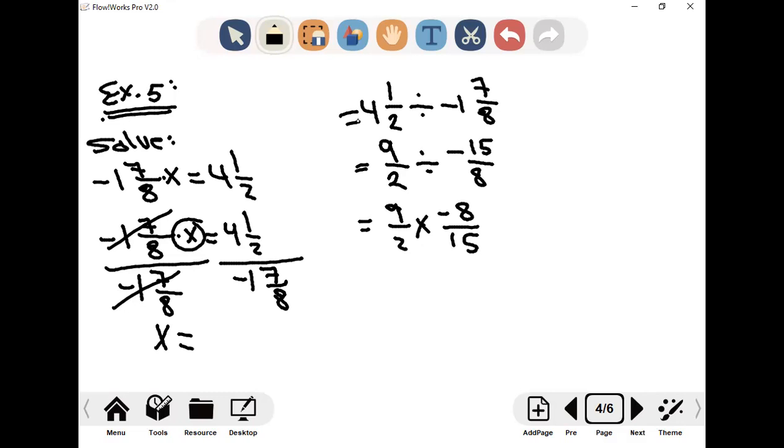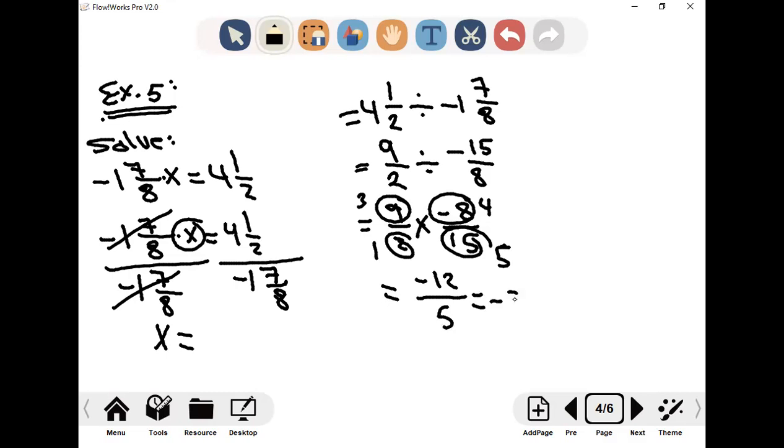Now let's cross cancel then multiply. This with this is 1, this is 4, this is 5, negative with it, divide by 3, 5, and this is 3. It will be negative 12 over 5. Negative 12 over 5 means negative 2 and 2 over 5.